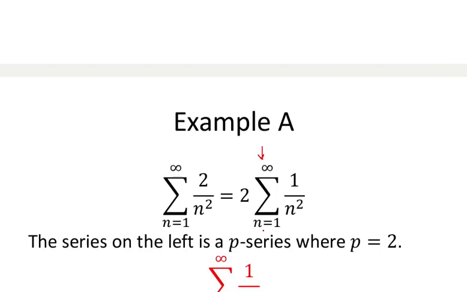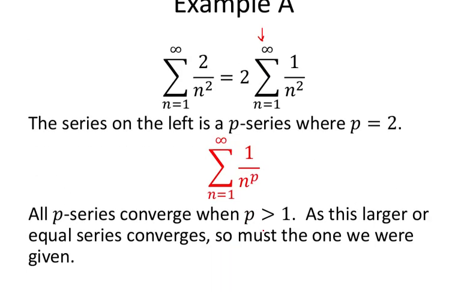What kind of series is that? It's a p series. And in this case, p is equal to 2. All p series converge when p is greater than 1. And since this series is greater than or equal to the series we're testing, we know that that series would also converge.